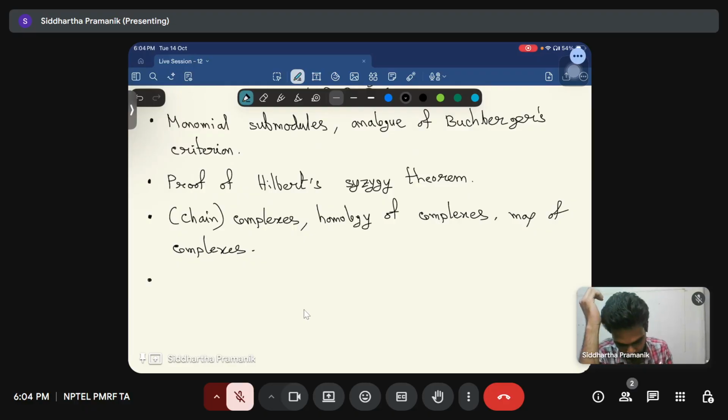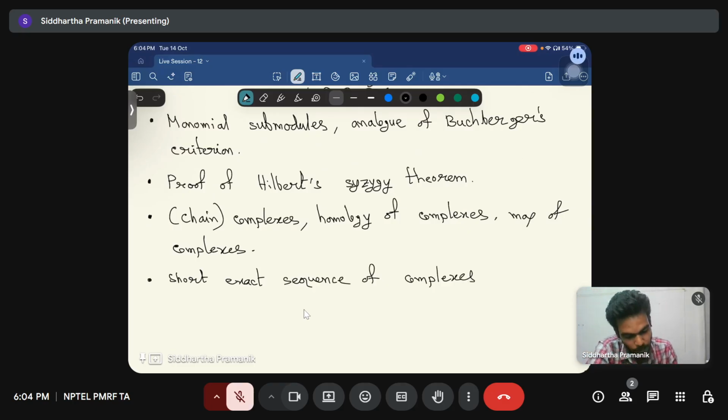Short exact sequence of complexes. And from a short exact sequence of complexes, we can induce a long exact sequence of homologies.